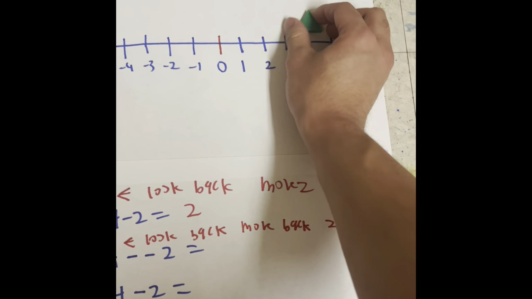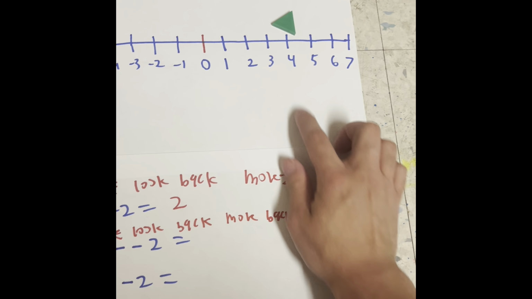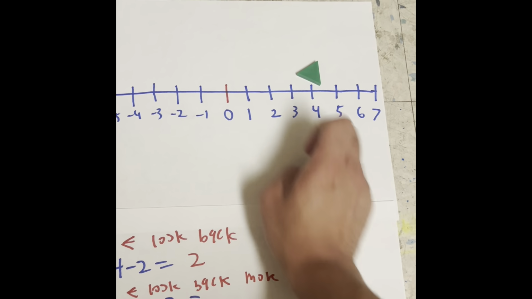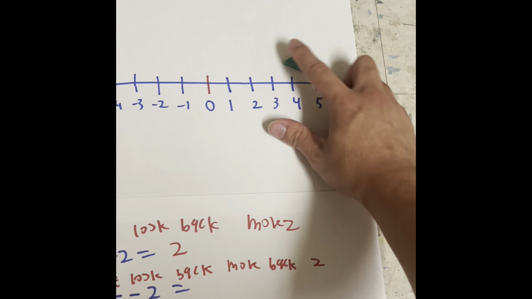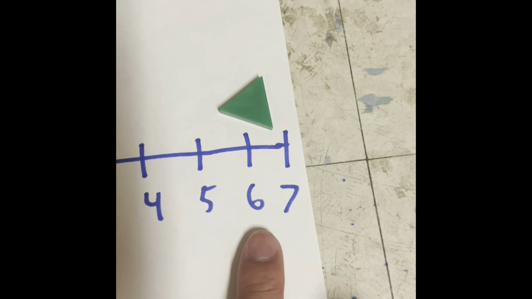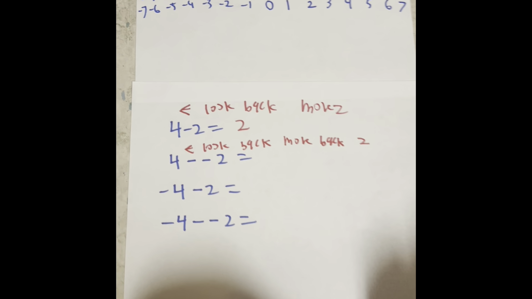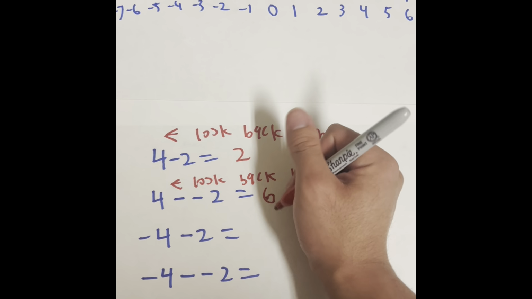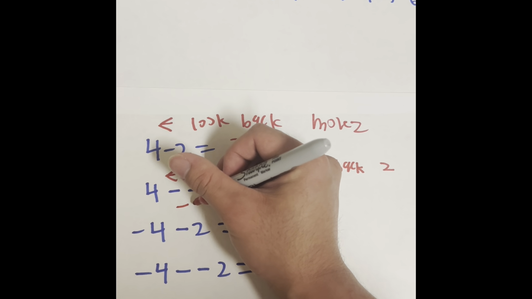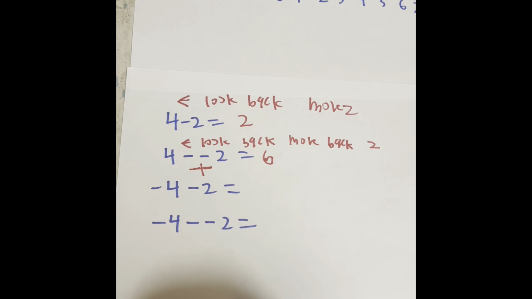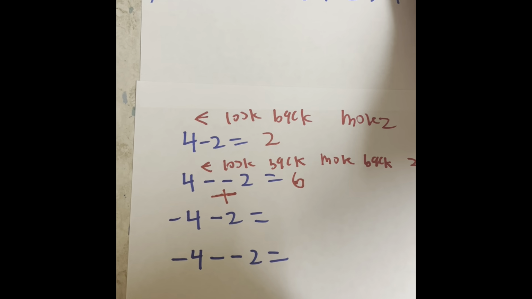We are going to look back, and then move backwards away from where the triangle is pointing, 1, 2. Now the triangle stops at positive 6. Wow! That tells you a negative and a negative make a positive direction. That's cool. But what about this one right here?